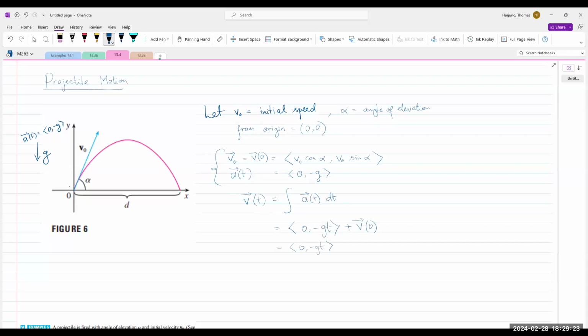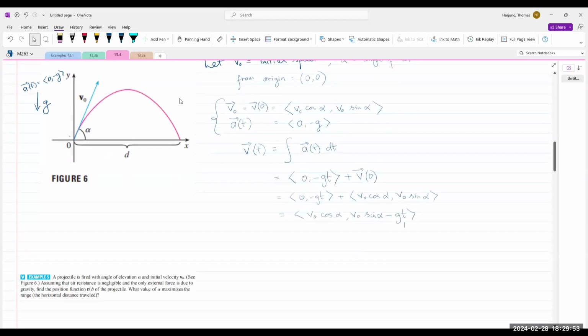So 0, negative gt plus v naught cosine alpha, v naught sine alpha. Notice again, v naught without the vector notation is initial speed. Putting things together, we get v naught cosine alpha, comma, v naught sine alpha minus gt.